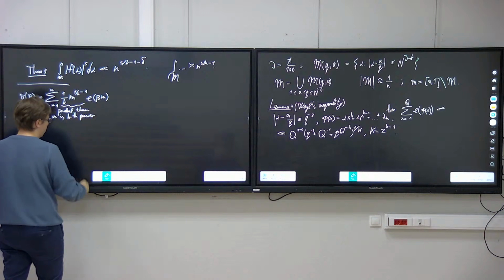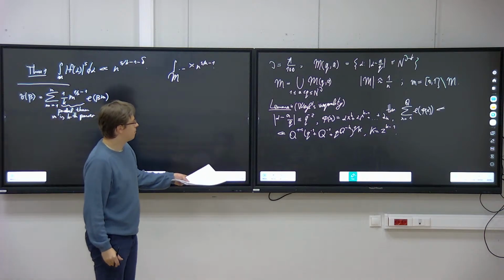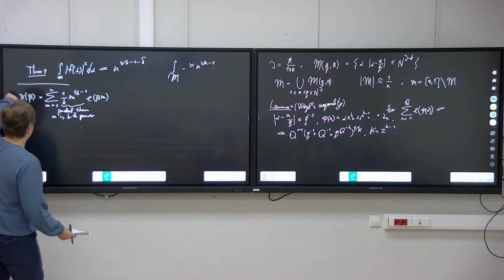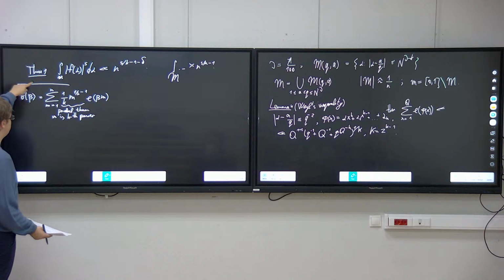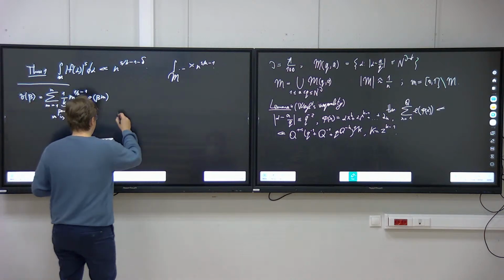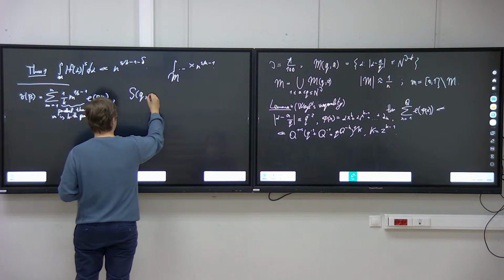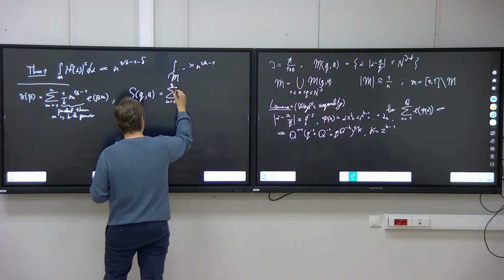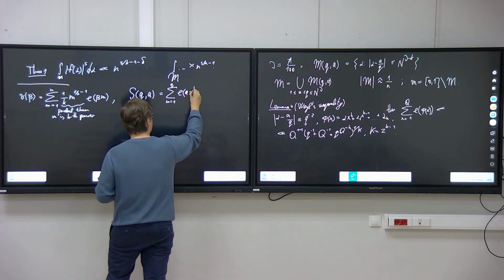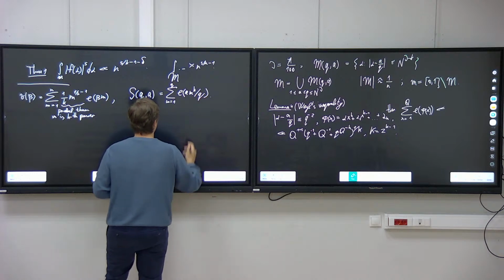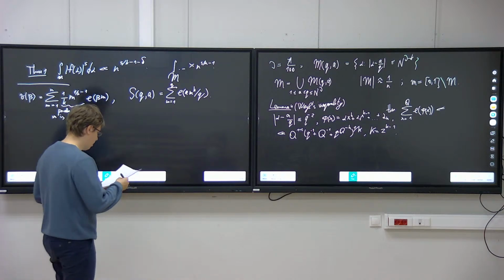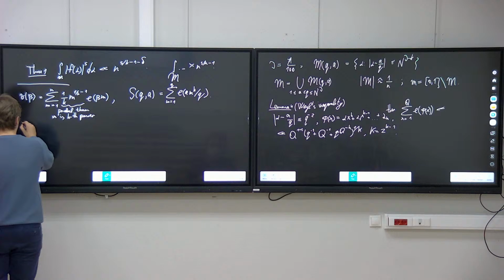We want to make our function in the integral smooth somehow. There are several choices, nothing special about this function, but we will use it, and we will need such a series. It's like an analog of Gauss sums, but for a bigger power.